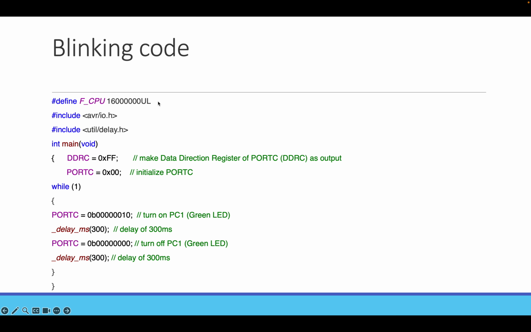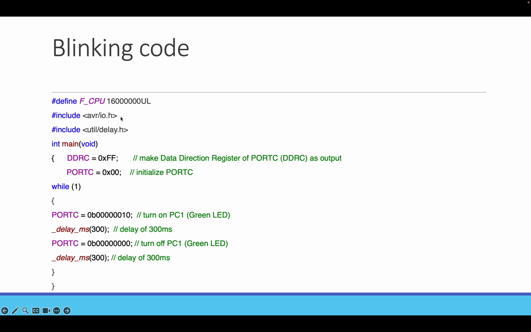The first line represents the frequency that we choose for our CPU. For the ATmega32, we have a range of 1 MHz to 16 MHz. So here in this code, we choose 16 MHz.